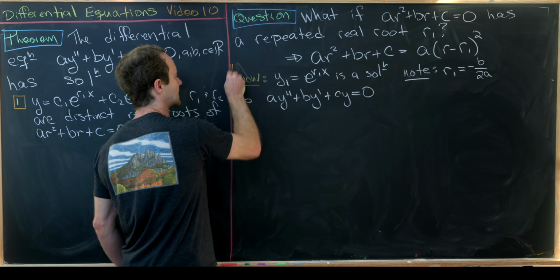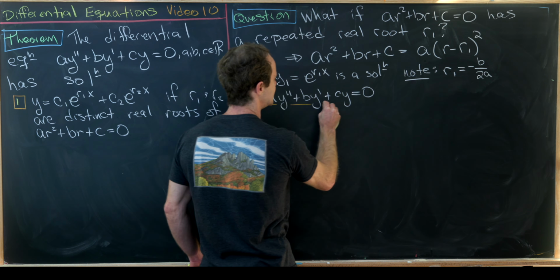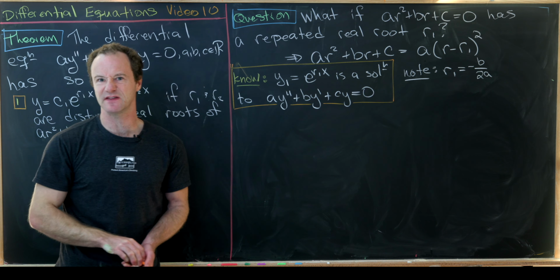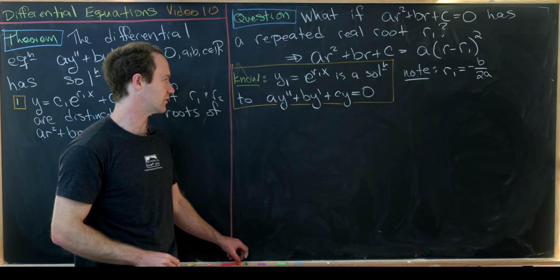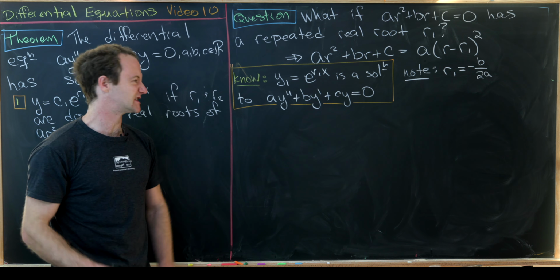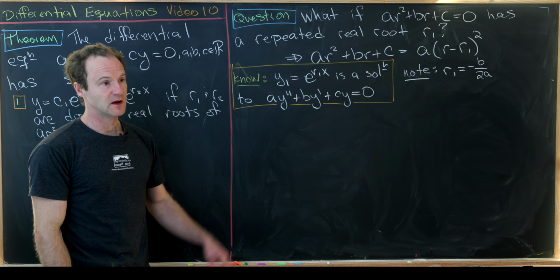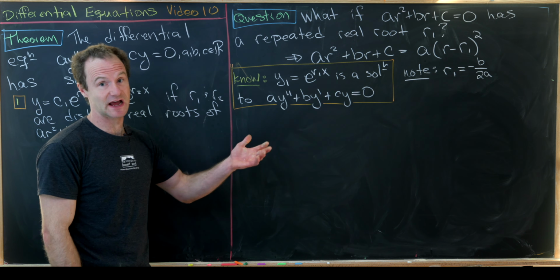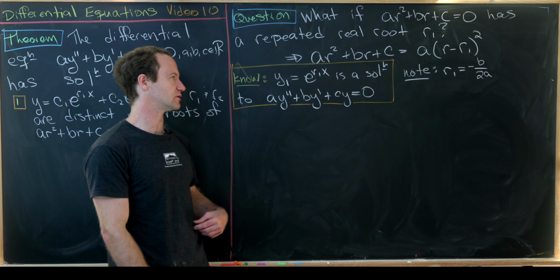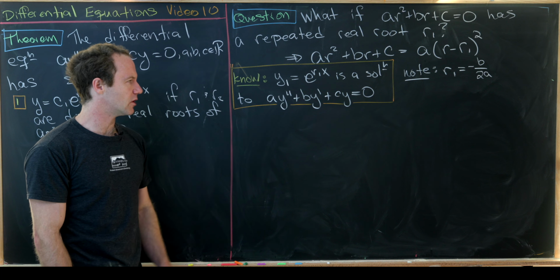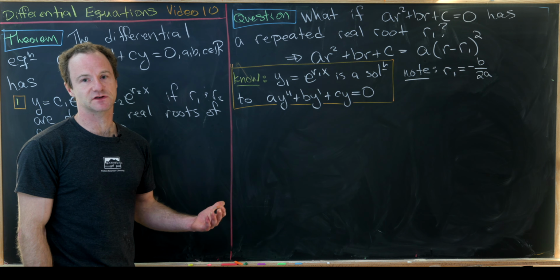Let's recall that the claim we proved didn't have anything to do with those being distinct roots. It just said that if we had a root to a polynomial, and r1 is most definitely a root, it's just a special type of root. But this means we can't find the other solution like we did before, because the other solution will have a slightly different form. So how can we go about finding the other solution?